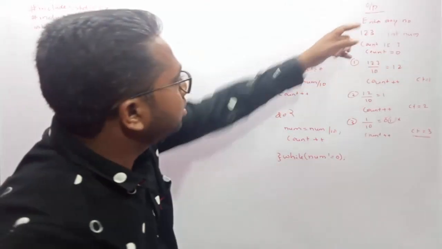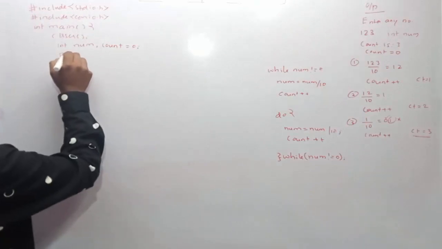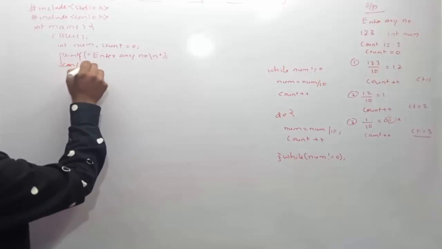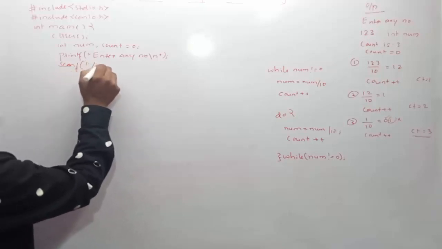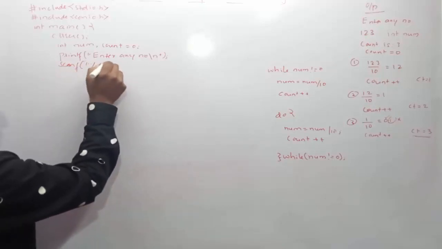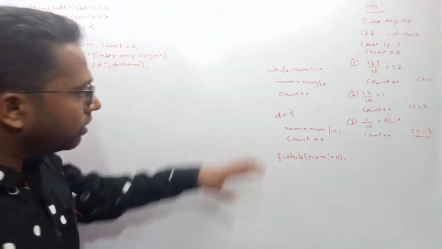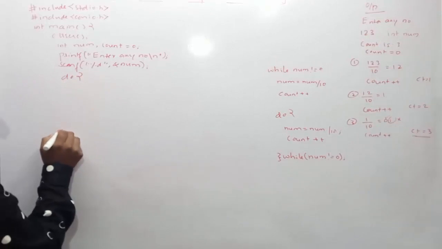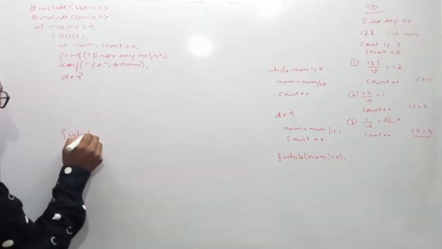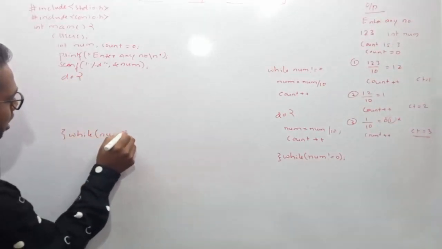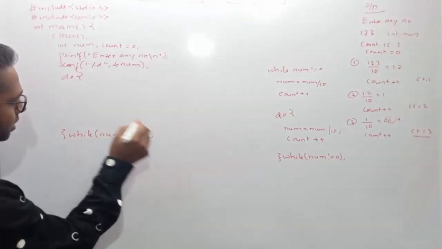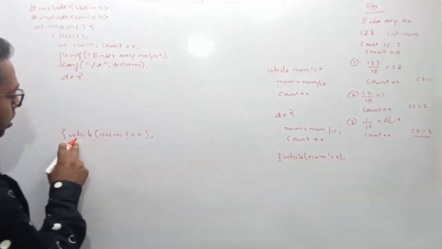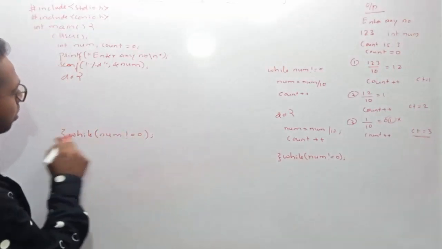Now I need to print the message enter any number using the printf output function, and now I will read that number using the scanf input function into num. Now I will use a do while loop: do, and then while num is not equal to 0 and then semicolon. Whenever we use do while, we need to close the while with a semicolon.